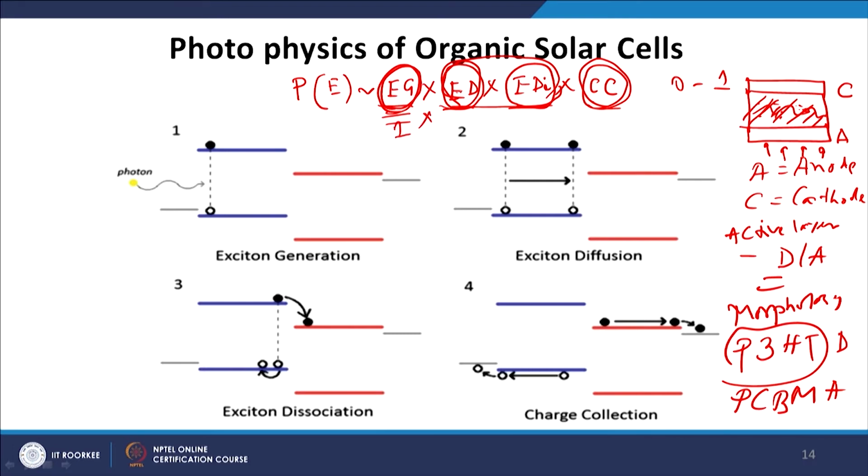Then this material is an excellent hole conducting material, so its exciton diffusion property also gets a 1. Along with the acceptor material, the dissociation is also very good, so I give a 1 here. But the charge collection along with the electrode is very bad, so I give a 0 there. So, what is my product? 1 times 1 times 1 times 0, that is 0.